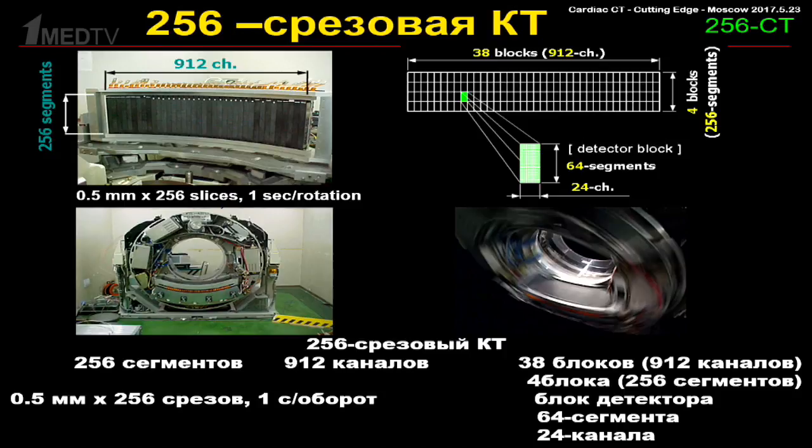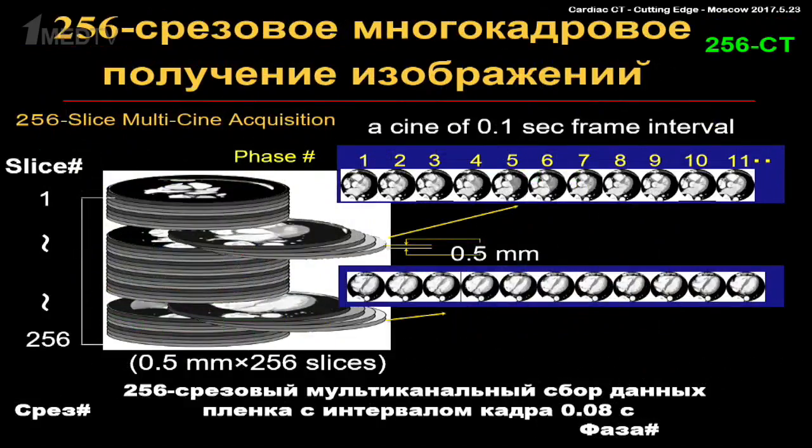The prototype machine had 4 blocks of the 64 slice CT detector. So this can cover 12.8 millimeter, that covers 12 centimeter, that covers the whole heart with 1 rotation. So we used this prototype machine.